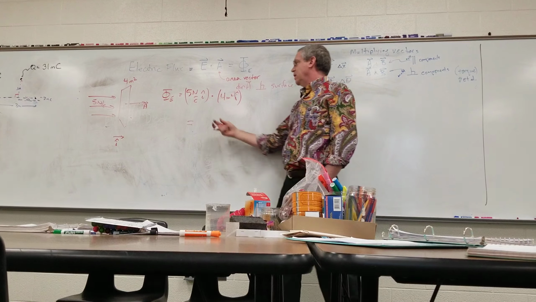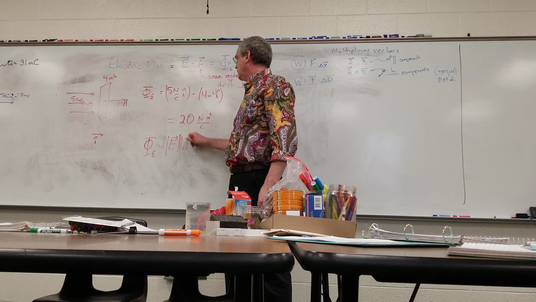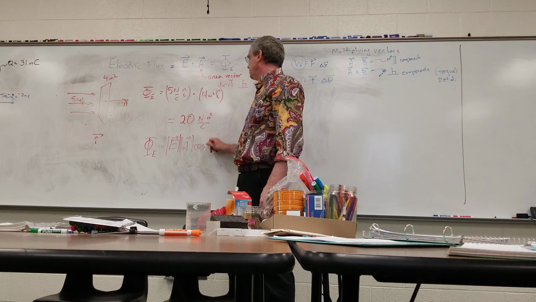We could have found the dot product a different way, because it is a dot product. This is also the magnitude of the electric field times the magnitude of the area times the cosine of the angle between them.